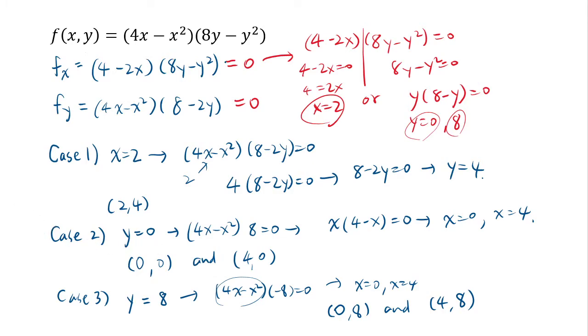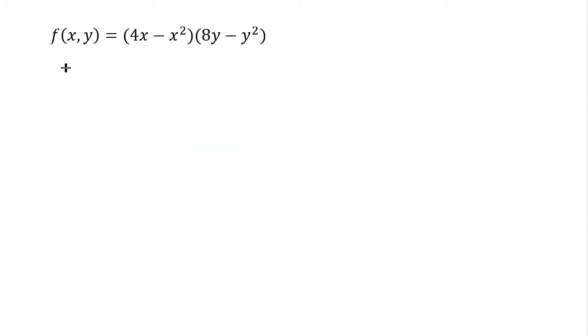Okay, so let's try to compute f_xx. First, remember that f_x was (4 - 2x)(8y - y²).